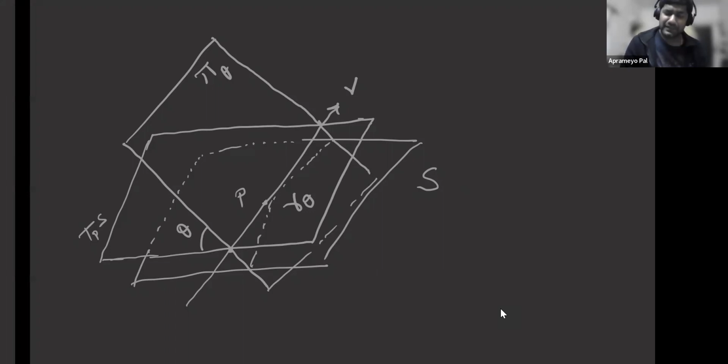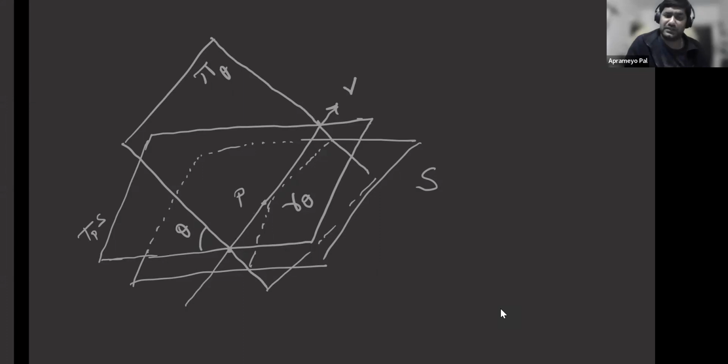The reason is very simple: kappa theta sine theta is nothing but the normal curvature of the surface at this point along this curve. The normal curvature is not dependent on theta, it depends only on P and the unit tangent vector. So if you rotate pi theta a bit, the normal curvature remains the same. That's like the proof also.